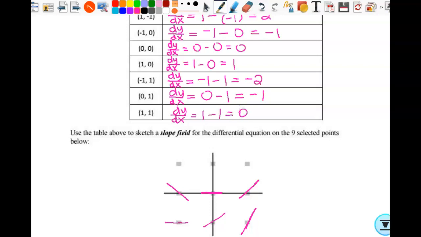So a slope of negative 2, so I imagine a line that passes through these 2 points, and just draw a little piece of it. For this point, I would imagine a line that passes through those 2 points. Draw a little piece of it. And then here, another slope of 0.